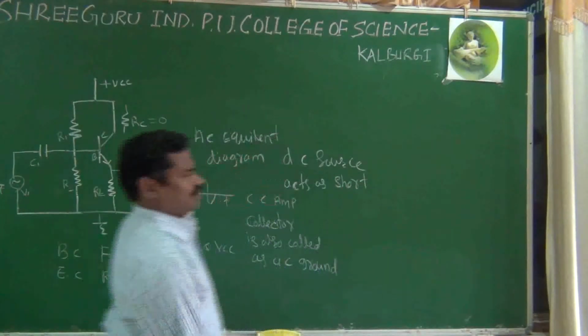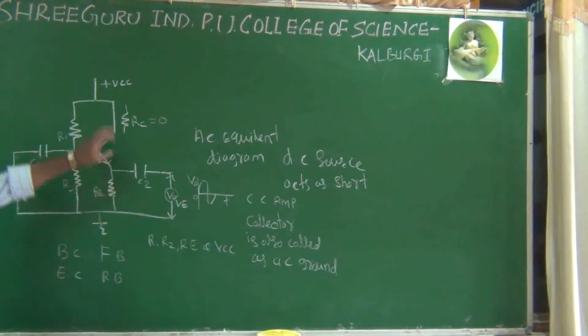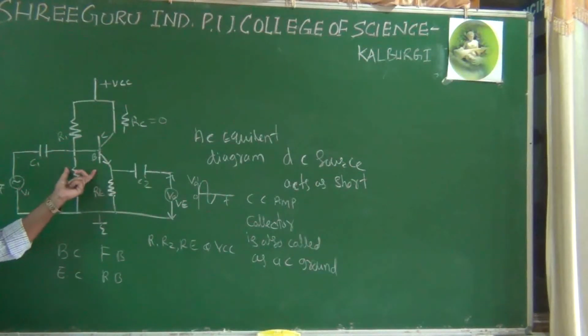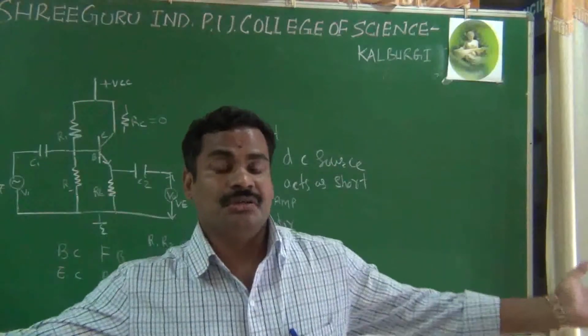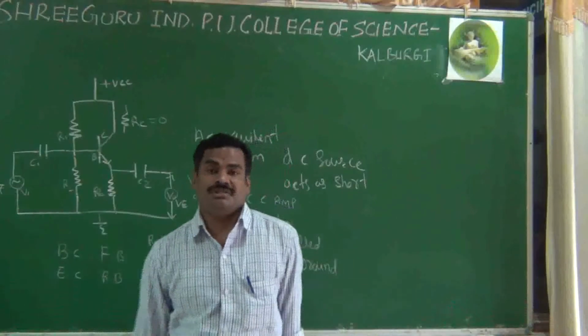It means for the AC equivalent circuit, your DC source acts as a short circuit, so for the AC signal it acts as a common. It acts as a ground for AC signals.